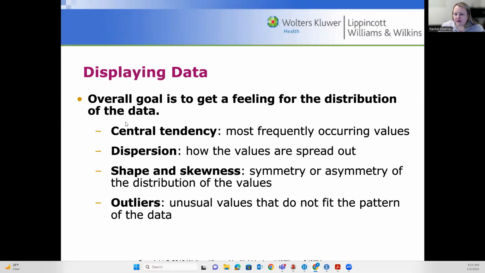Some of the measures that we might use would be central tendency, which is the most frequently occurring values, the dispersion, how the values are spread out, the shape and skewness, and that's the symmetry or asymmetry of the values and how they're distributed, and then outliers. So are there values that don't fit the pattern? You have most of your scores fall nicely within a pattern, and then you have maybe one that sits way out as an outlier.